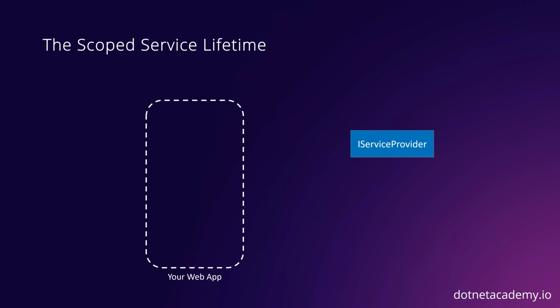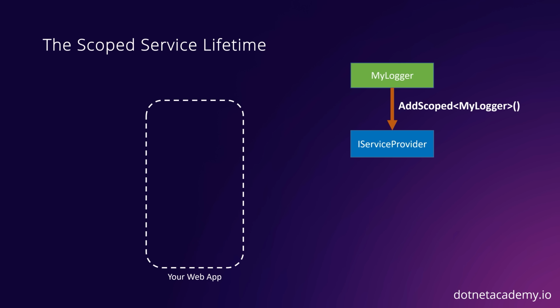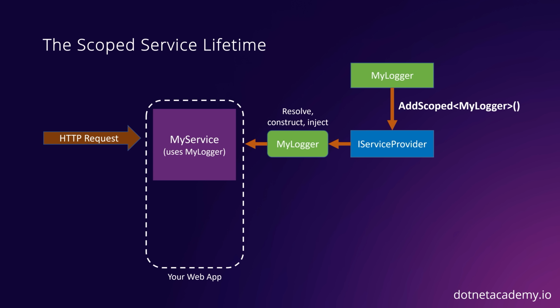What if myLogger is a class that keeps track of some sort of state that needs to be shared across multiple classes that participate in an HTTP request? In that case, you would register myLogger with the AddScoped method. Here, when an HTTP request arrives, the IServiceProvider will again resolve, construct, and inject a new instance of my logger into my service.